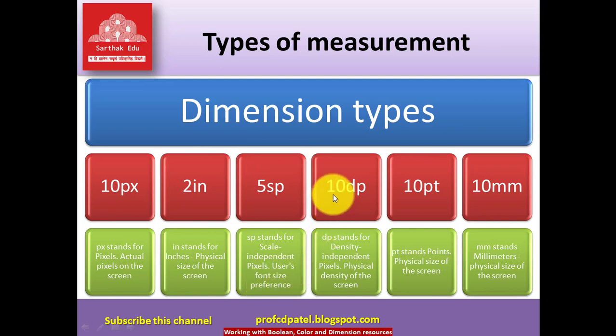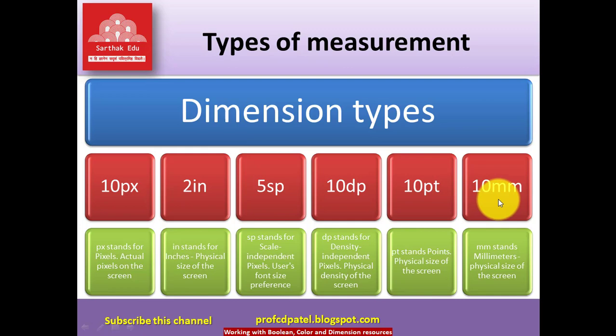Fourth, 10dp. dp stands for density independent pixels. It is used for the physical density of the screen. Fifth one, that is 10pt. pt stands for points. It is also used for the physical size of the screen.